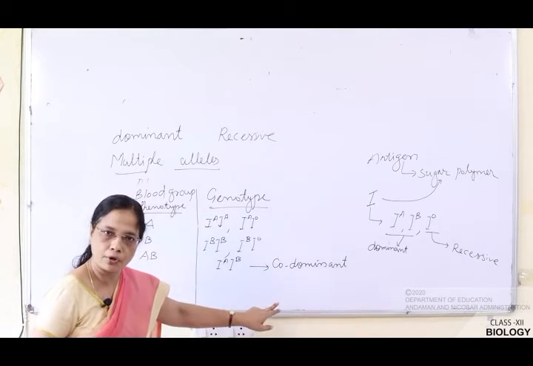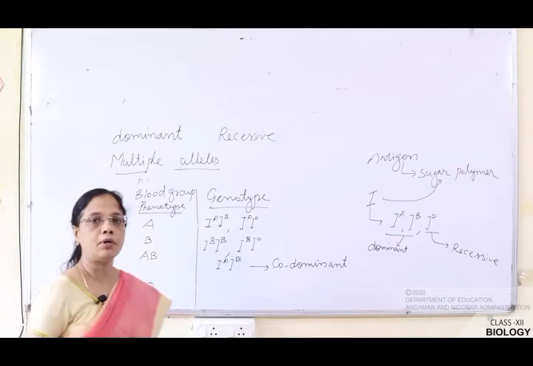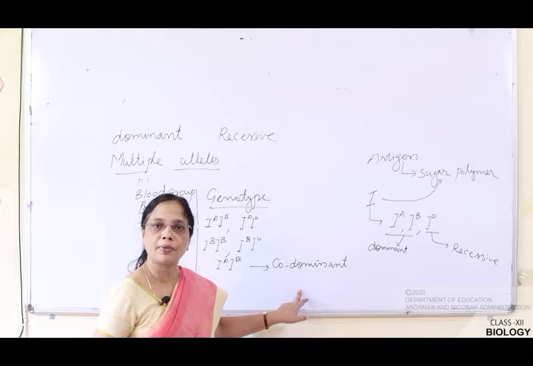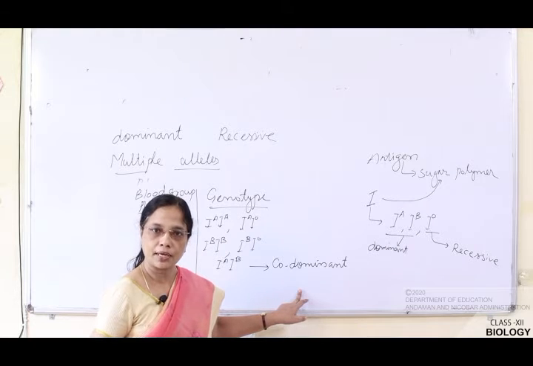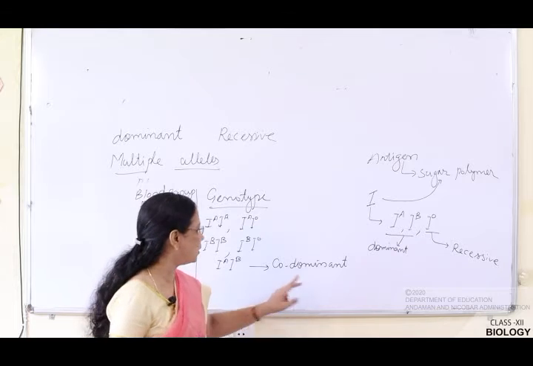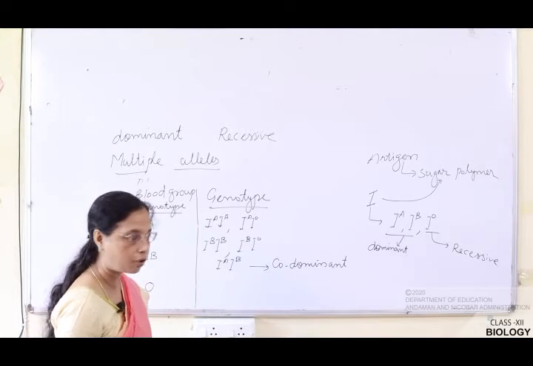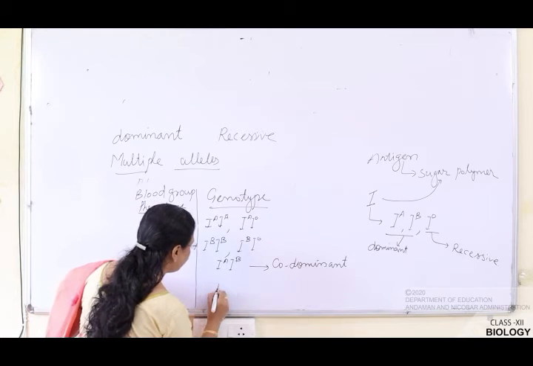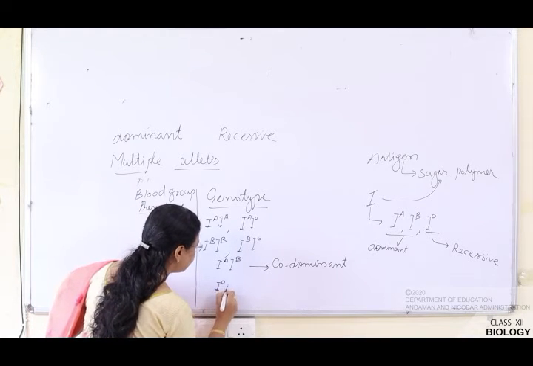Why is it called co-dominant? Because they are able to express together. So again it deviates from the principle of dominance. Both the characters of the alleles express together, so we call it a co-dominant gene or co-dominance. Now here O is a recessive trait.